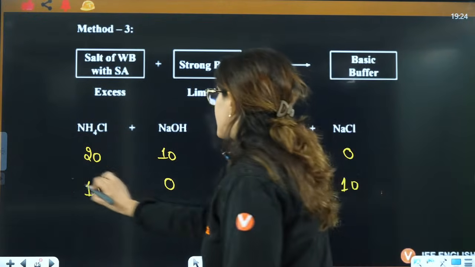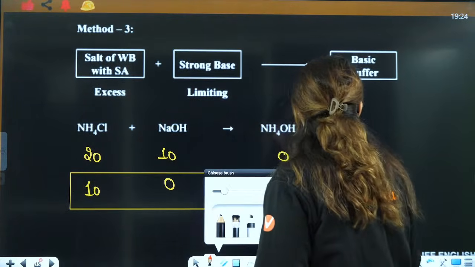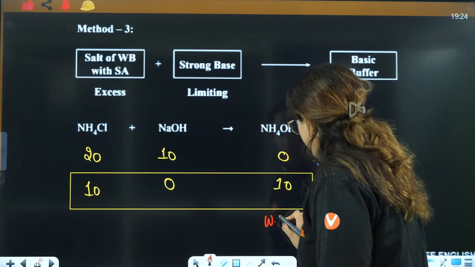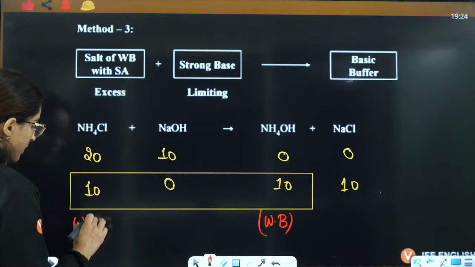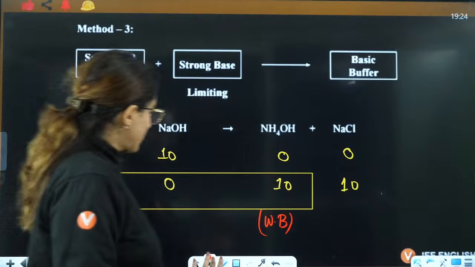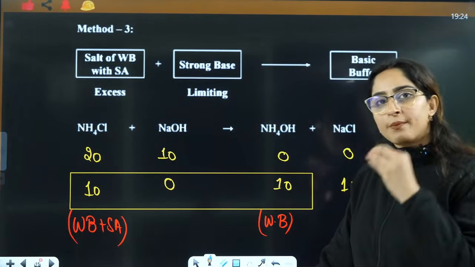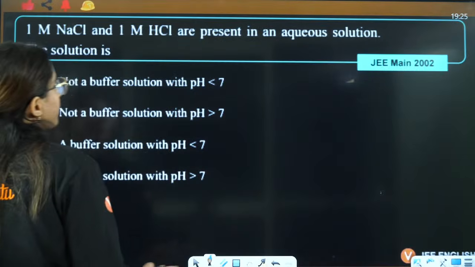And here, if you see, what you will have is the formation of a weak base, and this is the salt of weak base with strong acid. Okay? So remember all the three methods for acidic and basic buffer, right?